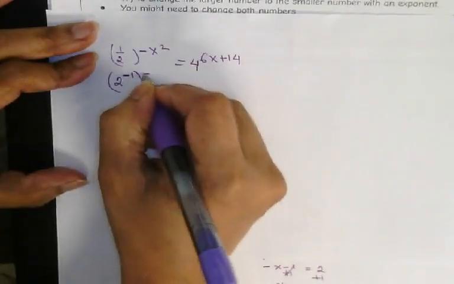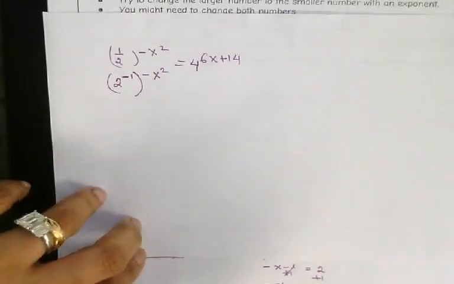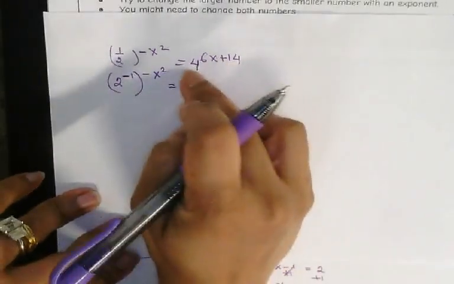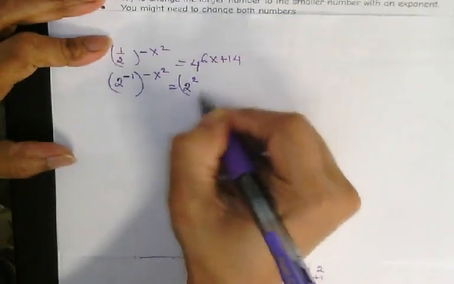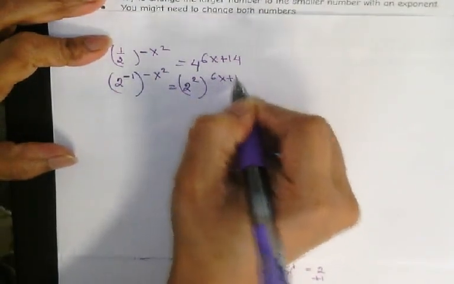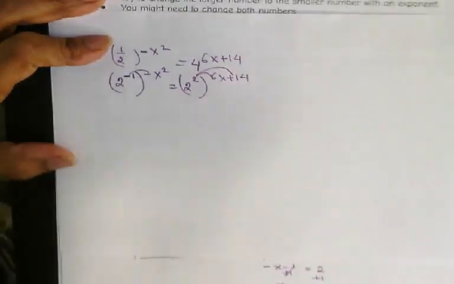And on top of it, I have a -x squared, is equal to, on the other side, 6x plus 14. Now I have to distribute, and distribute -1 also.